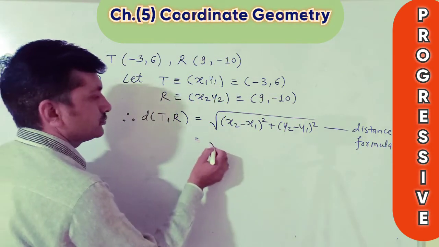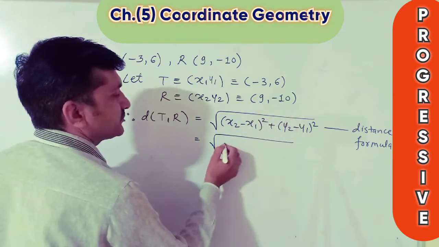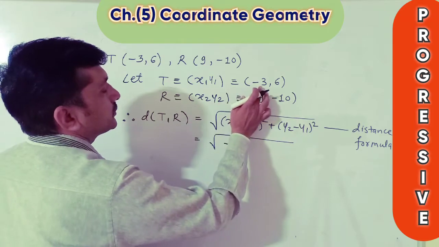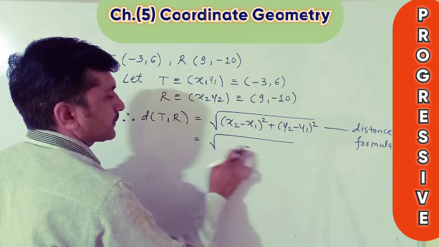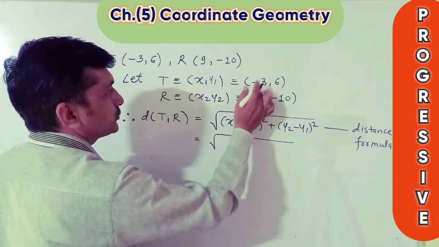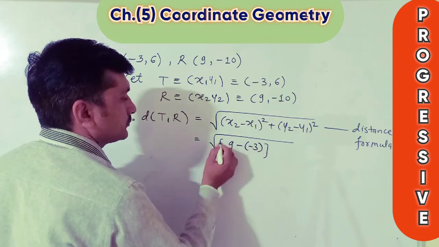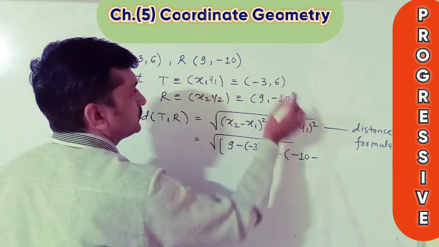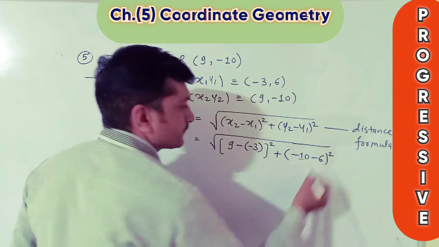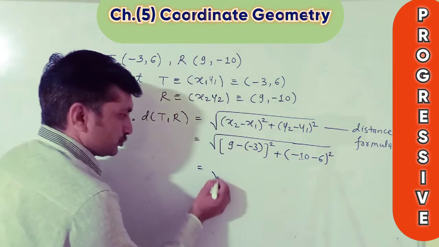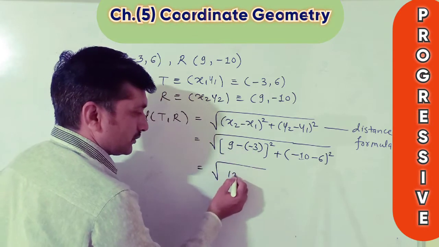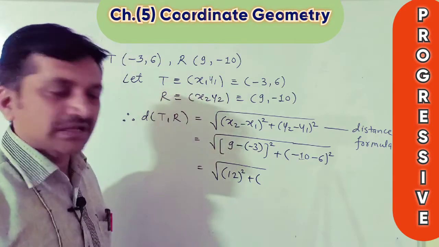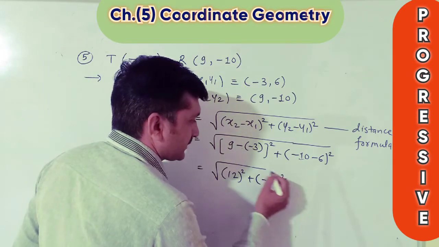Now put values. Square root of (x2 9 minus x1 minus 3) bracket square plus (y2 minus 10 minus y1 6) bracket square is equal to square root of (9 plus 3) 12 bracket square plus (minus 10 minus 6) minus 16 bracket square.